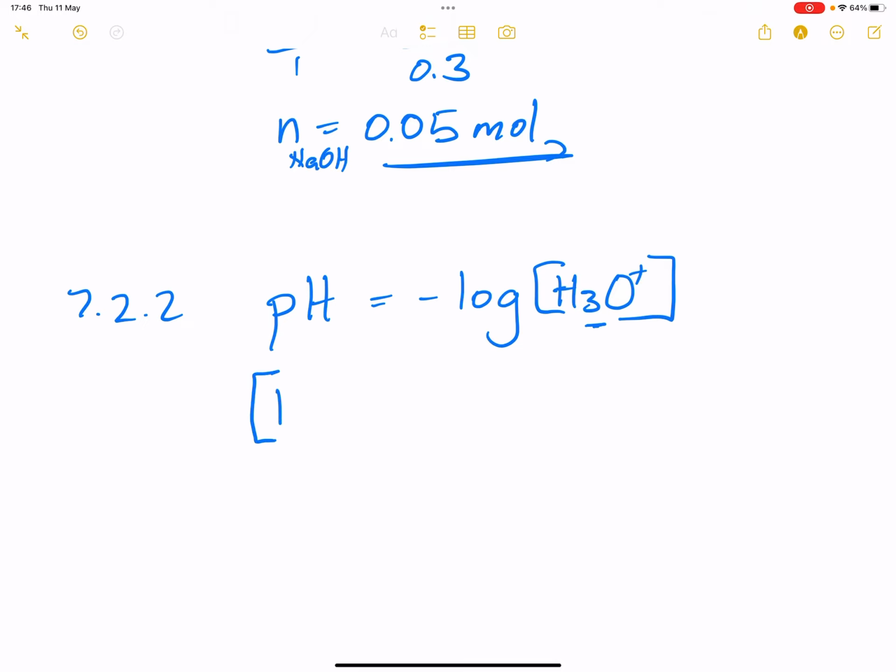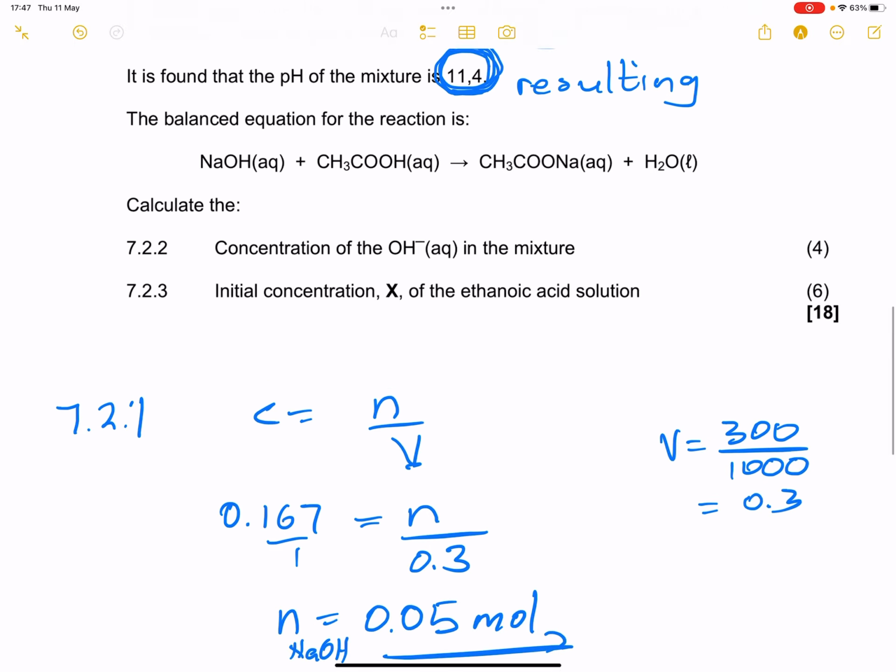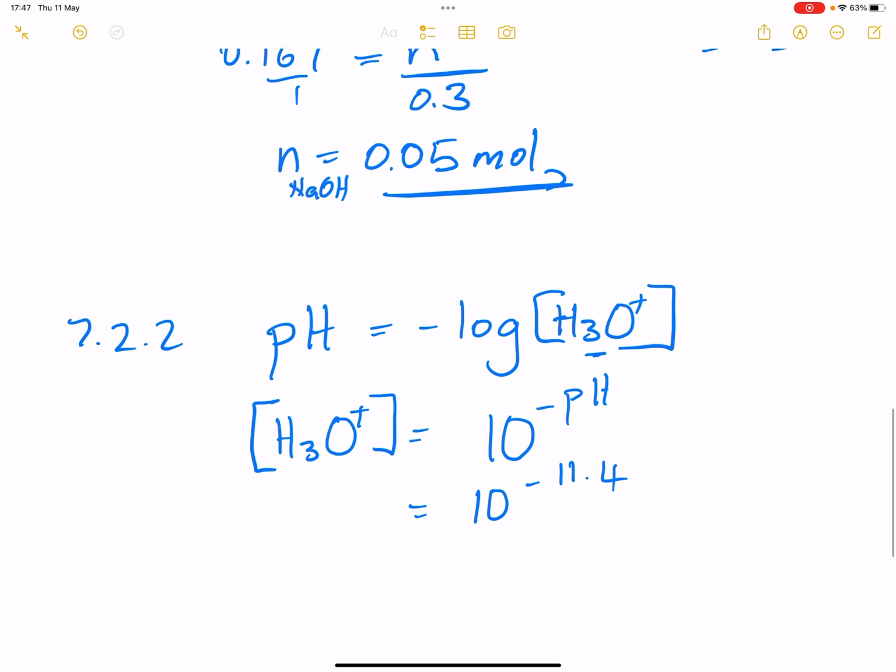All you simply do, ladies and gents, to find the hydronium ions, is say 10 to the minus pH. So that will be 10 to the exponent minus 11.4, which is what was given there.